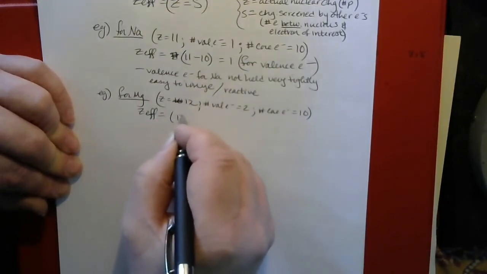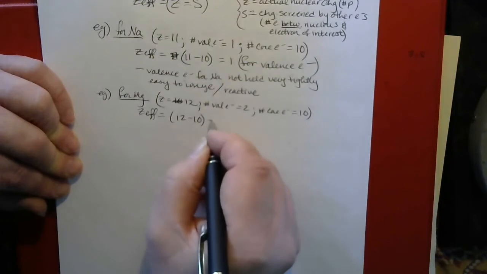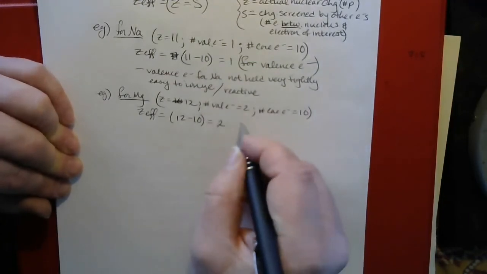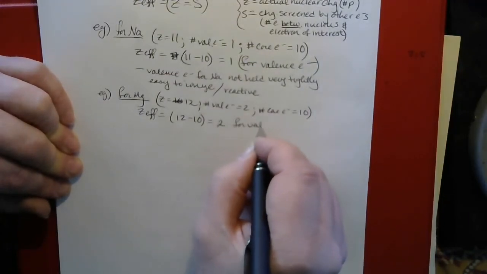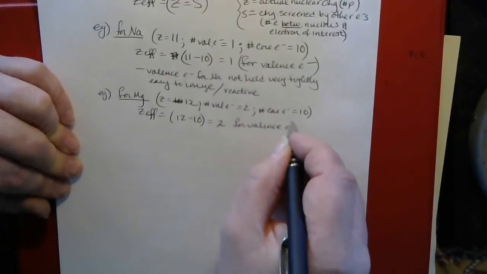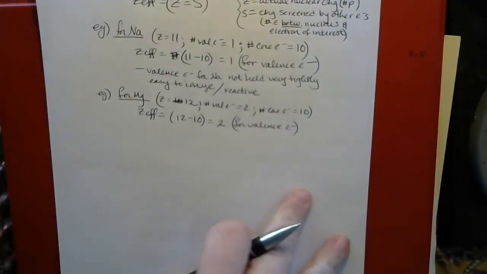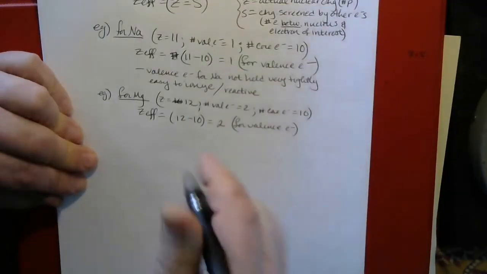Z effective would be 12 minus 10, which is 2 for a valence electron.